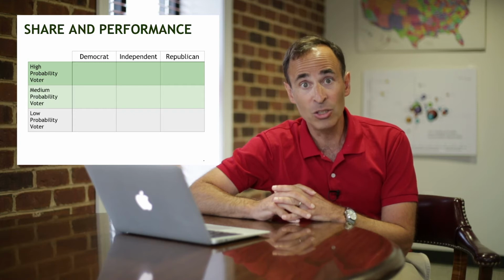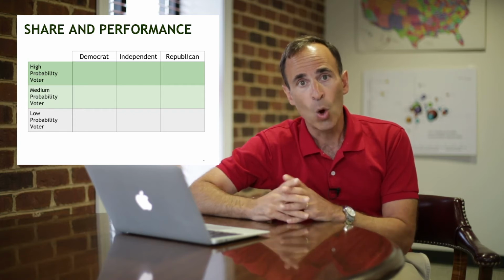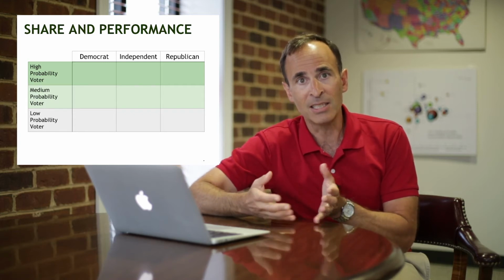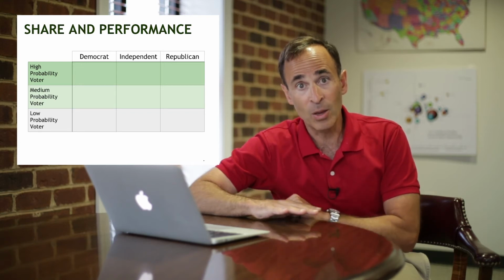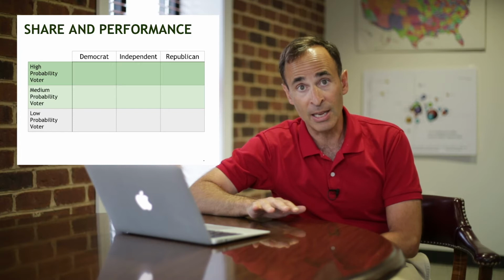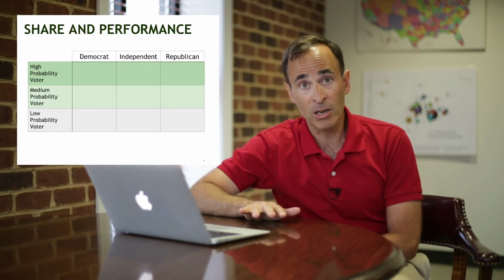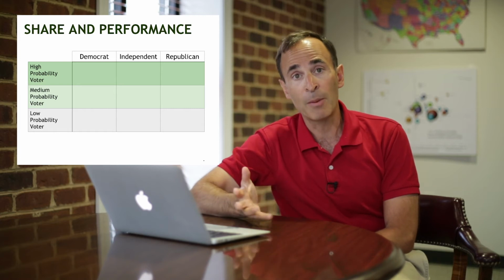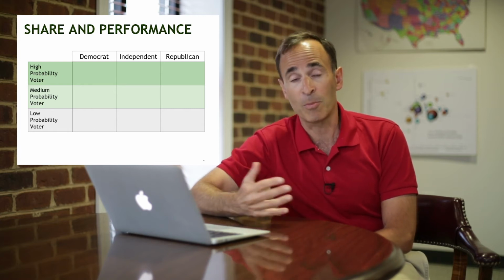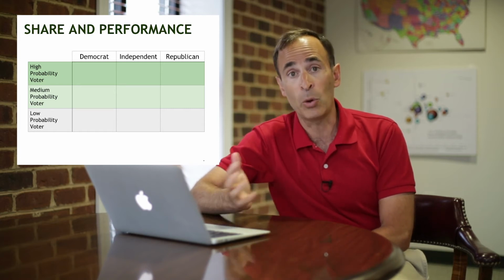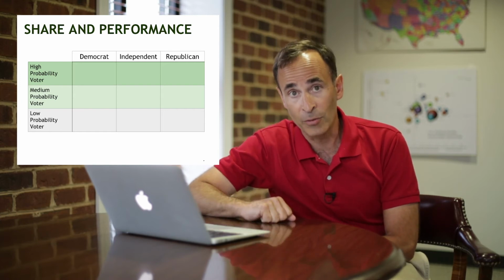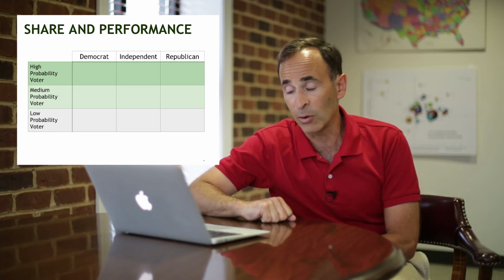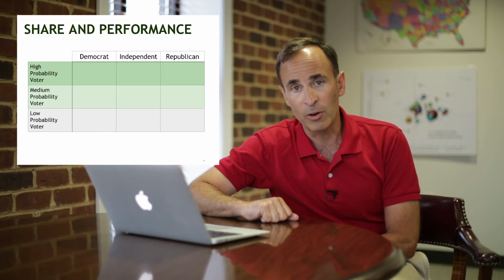That what candidates are doing, what campaigns need to do, is estimate what the lay of the land is, what the look of voters is before a campaign starts in terms of their probability of voting and their probability of voting for a Democrat or Republican, their probability of voting for them or their probability of voting for the other side's candidate or for their opponent.